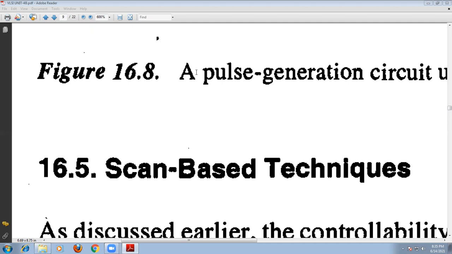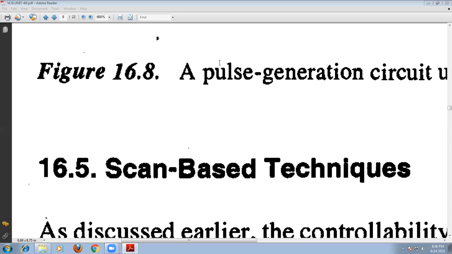However, because of these additional primary input lines and multiplexers, we end up using more IO pins.